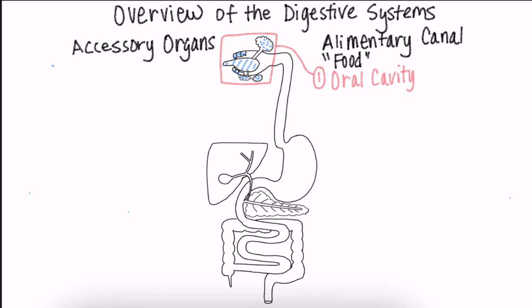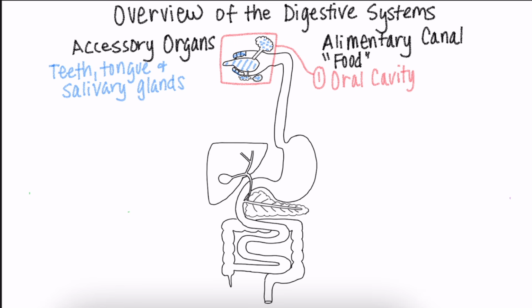So we'll put teeth, tongue, and salivary glands. These are primarily going to mix up the food to form what's called a bolus or a ball that can then be pushed down to the stomach.